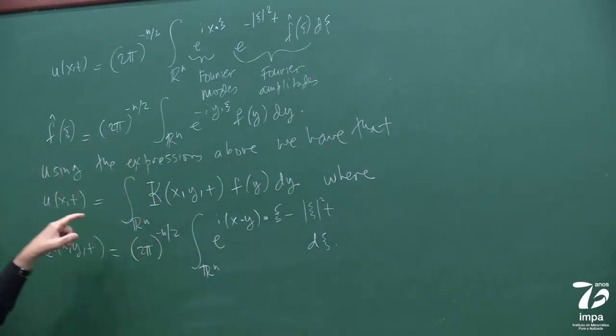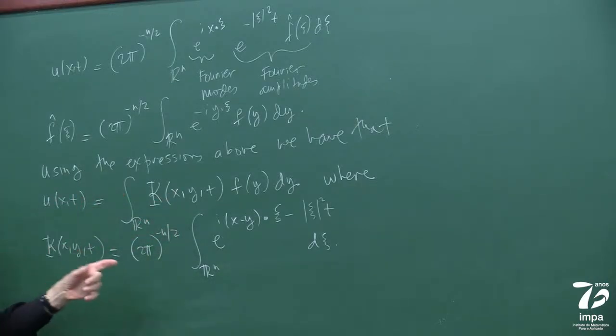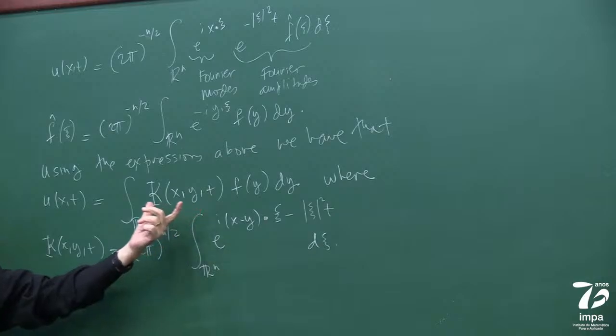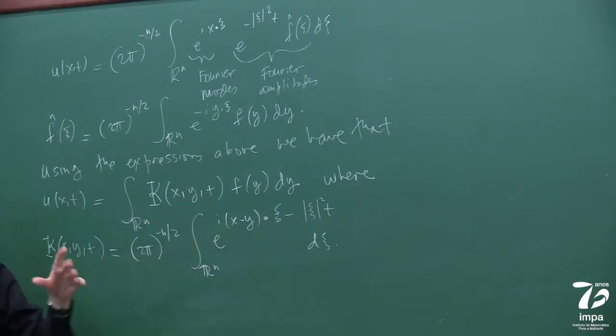Then I write the solution in physical space, but not in closed form. This guy will end up being a kernel, a convolution. Right here it looks like a convolution, but we can't quite see it yet.